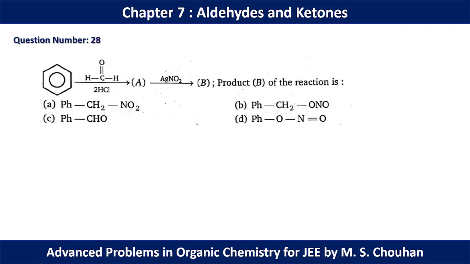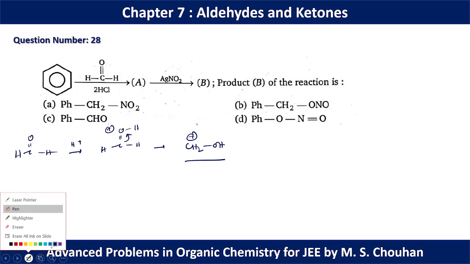In question number 28, first of all we have one electrophilic aromatic substitution reaction. We have C double bond OH. Now if H plus is added, we can have this kind of situation, and after removal of this pi bond, CH2 plus OH, this is the electrophile we have.